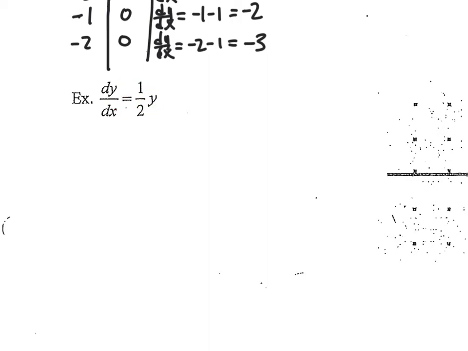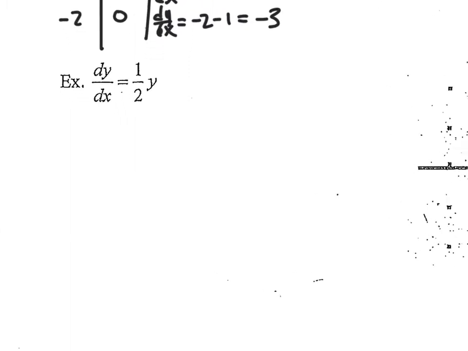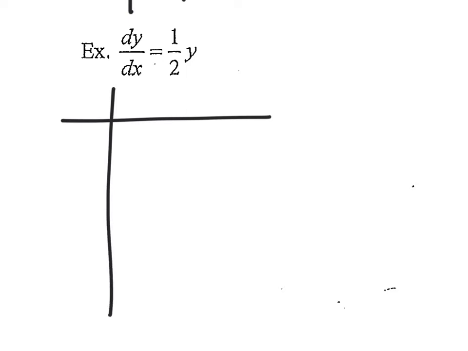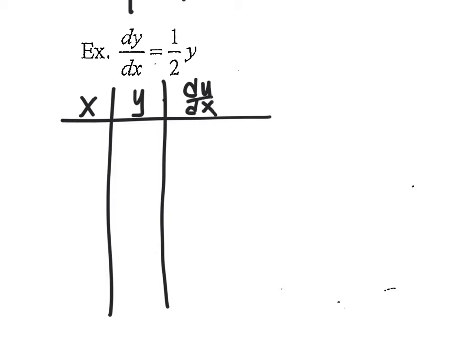But let's go ahead and create our table here for this one. Remember, we want to have an x column, a y column, and a dy/dx column. Because my differential equation only contains y, the x values really don't matter a whole lot.